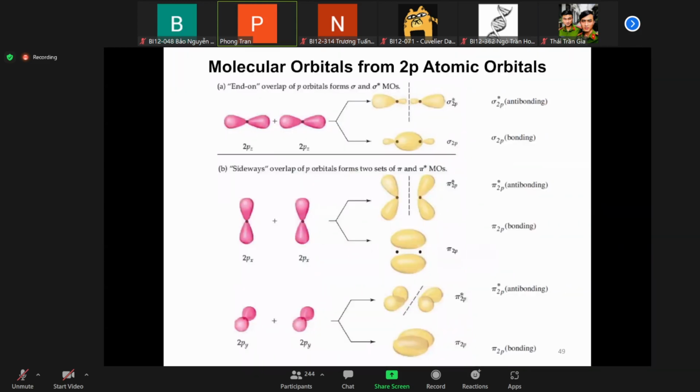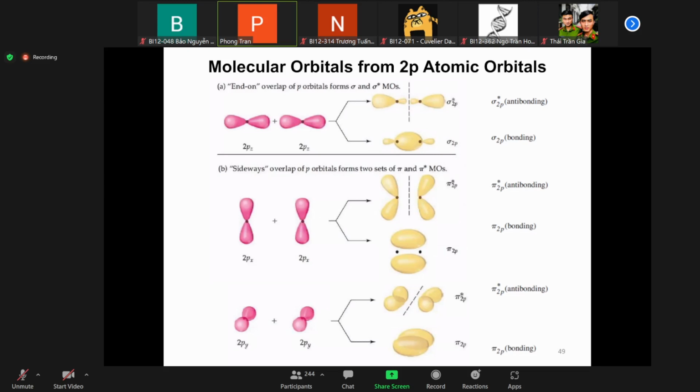So thus we talk about the sigma bond between the two molecular orbitals. Now we move to the 2p atomic orbitals, and how they can mix together to make the molecular bond, before we talk about the 2s atomic orbital.